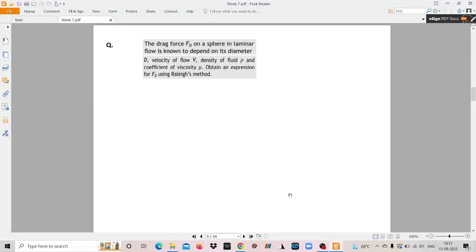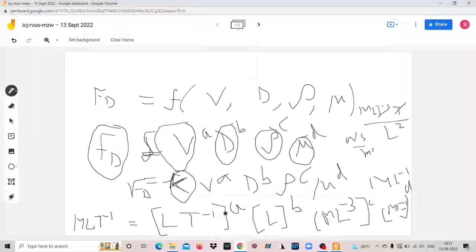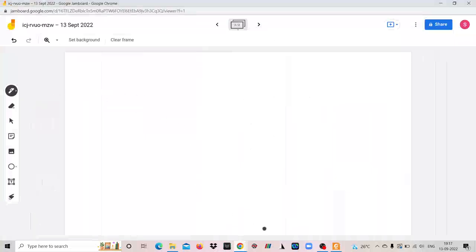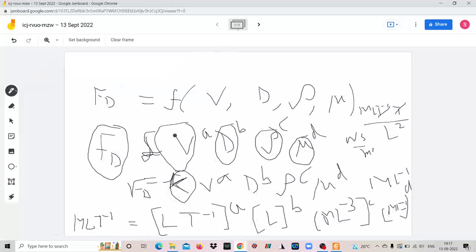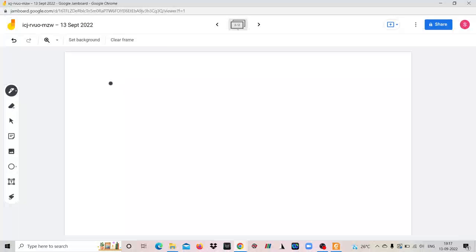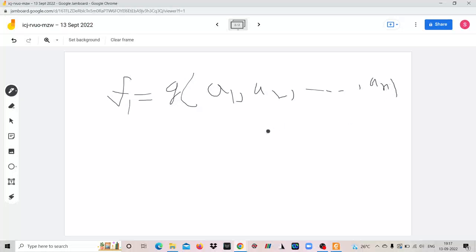Buckingham pi theorem is popular because, see, even in this problem you might face some difficulty if you sit and solve this. But consider a problem where f1 is a variable which is dependent on n number of variables, a1, a2 up to an, and here n is greater than 100, suppose.